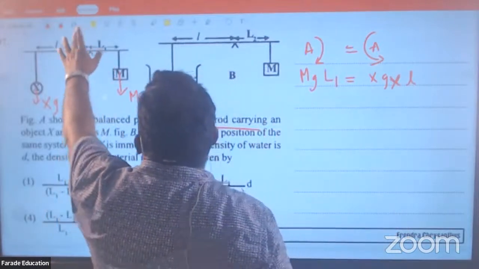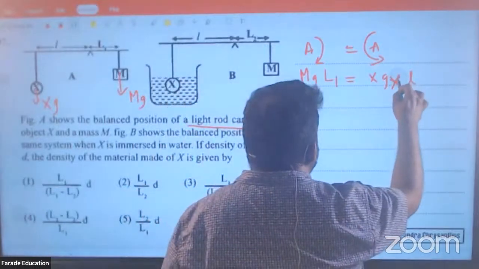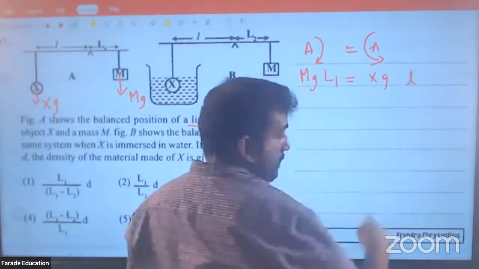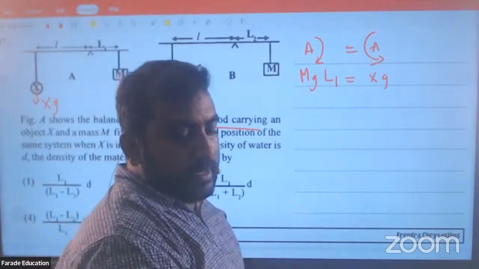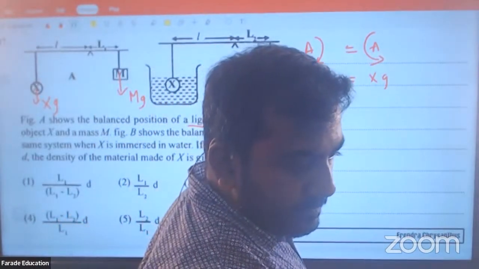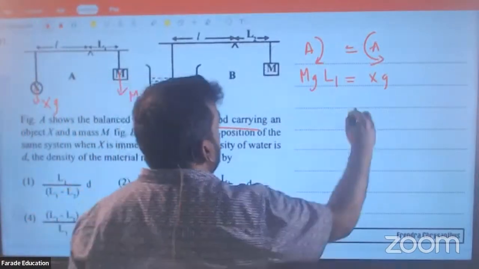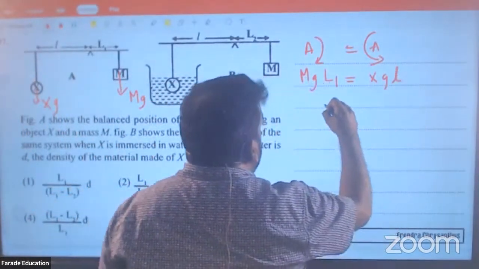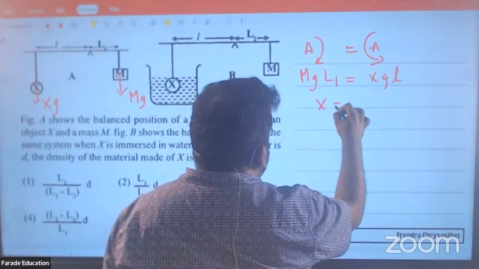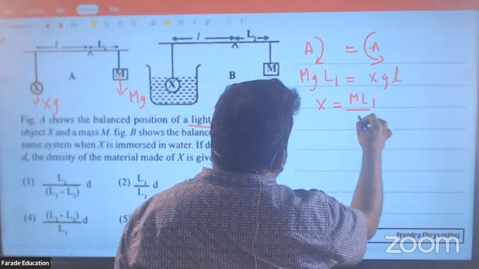I think we should erase this X, otherwise you might wonder. Here, the g's cancel off. X is equal to capital M L1 over simple L.